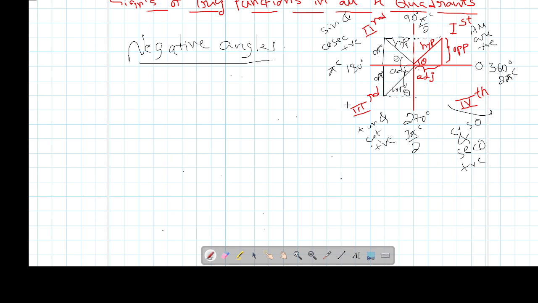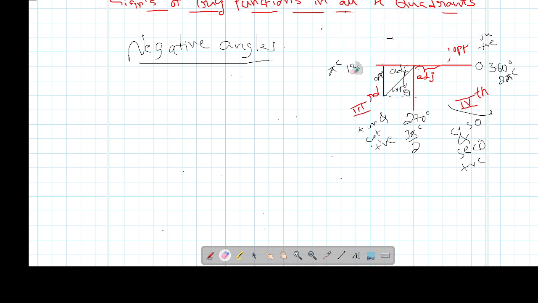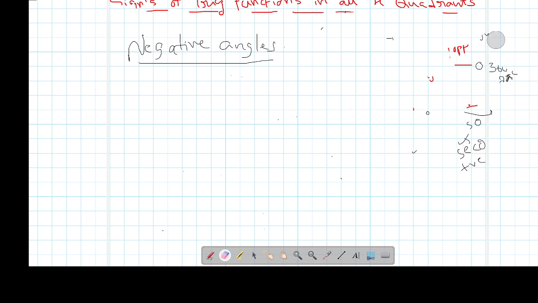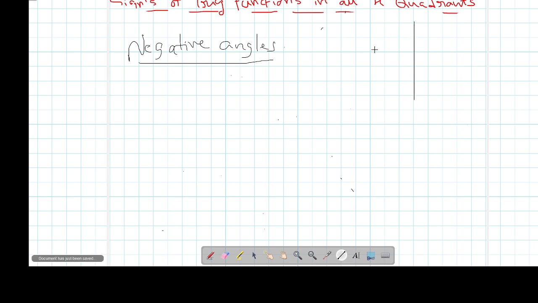So let me erase this also. For the negative angle, I will show you how you calculate it.